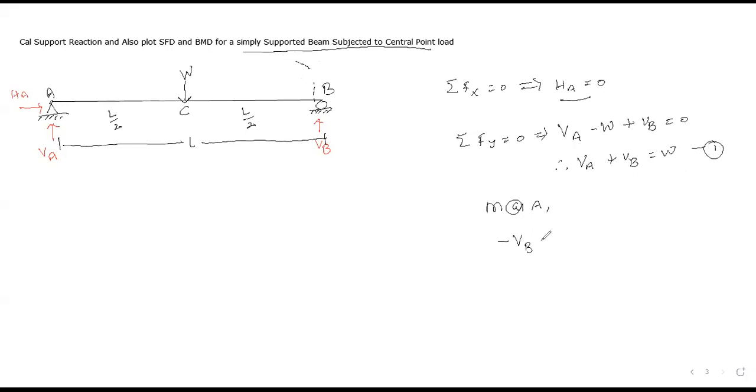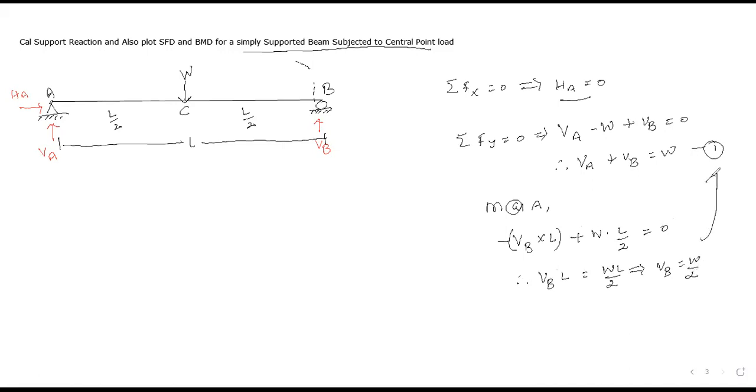Minus VB into L. Yes or no? Please confirm me. Plus W into L by 2, that should be equal to 0. So we will get VB into L equals WL by 2, so VB equals W by 2.